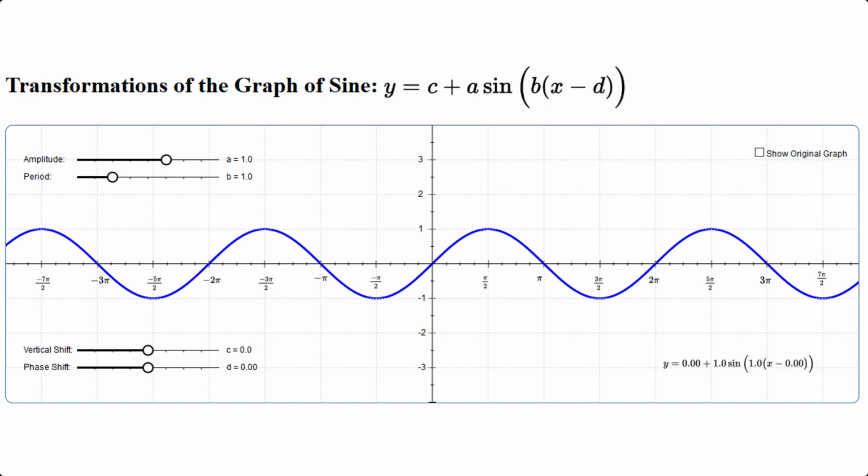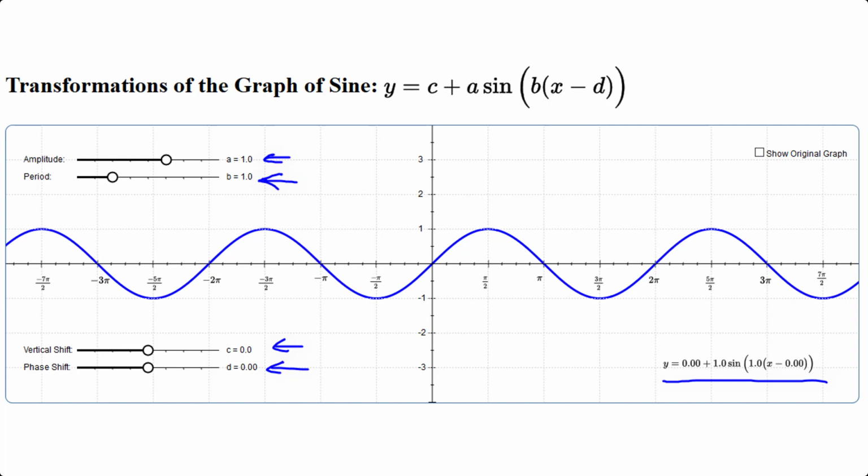I have sliders here which can affect a, b, c, and d, so each of those constants. A is the amplitude, b is the period, c is the vertical shift, and d is the phase shift. And then over here, very rudimentally, it's going to describe the function that would create that graph.